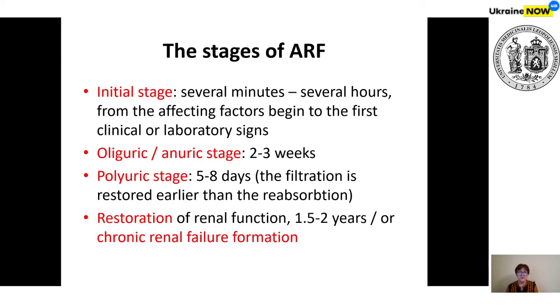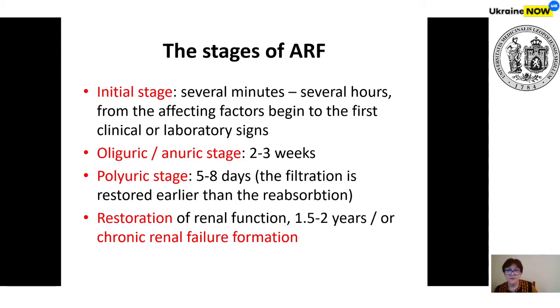There are 4 clinical stages of acute renal failure. Initial stage. It's several minutes up to several hours. It's the time interval from when the affecting factor begins to the first clinical or laboratory signs. The next stage is the oliguric and anuric stage. It can last about 2-3 weeks. I mentioned above that in 30% of acute renal failure, this stage is absent.